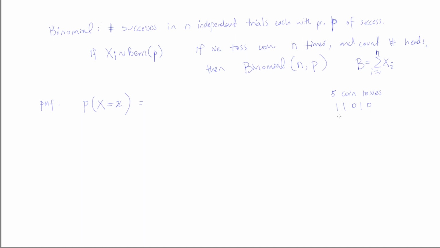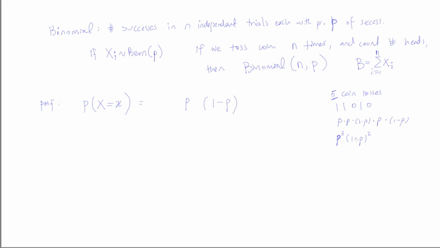It's going to be p times p times 1 minus p times p times 1 minus p, because they're independent, so you can just multiply the probabilities. So it's p to the power of 3, 1 minus p to the power of 2. The exponents have to sum up to 5, because there are 5 total things that can happen. 3 times we're getting a 1, with probability p, and 2 times we're getting a 0, with probability 1 minus p. So the probability of x equals little x is going to have this form.